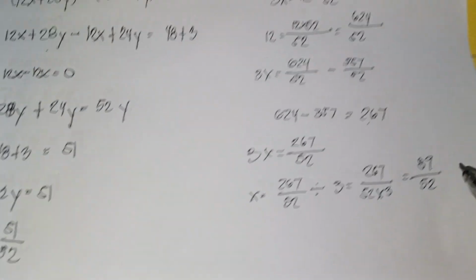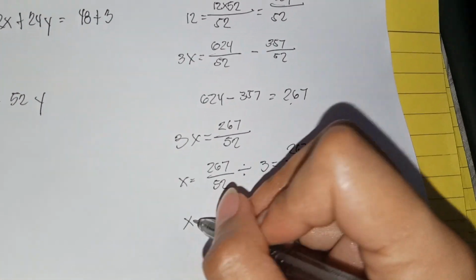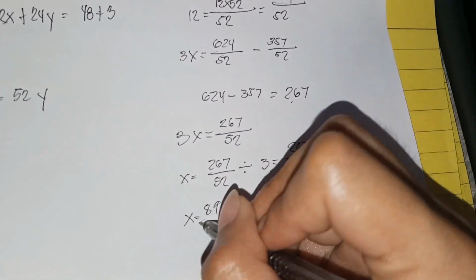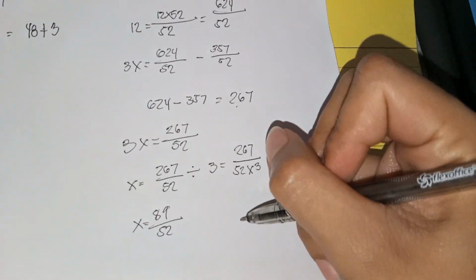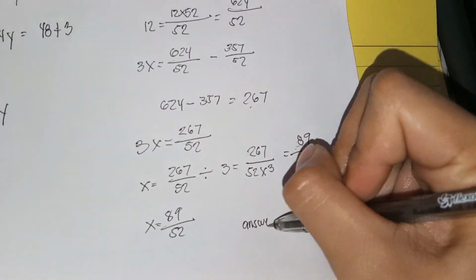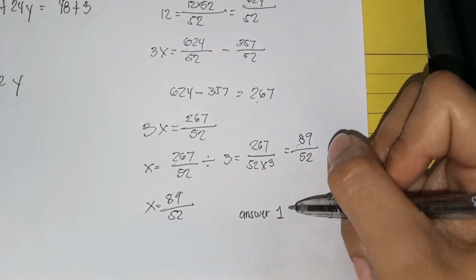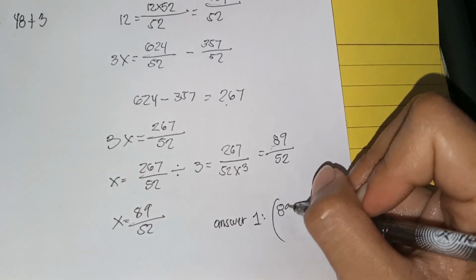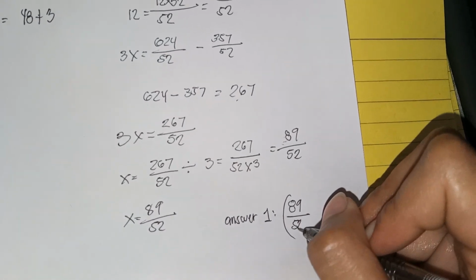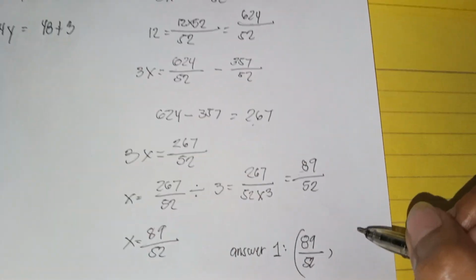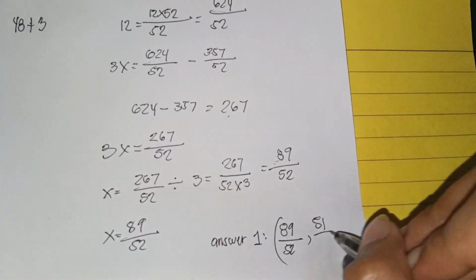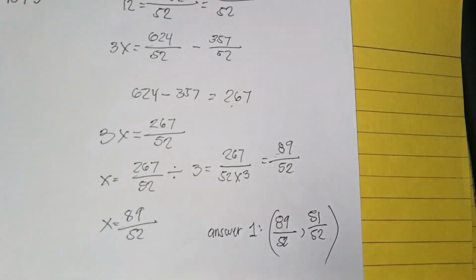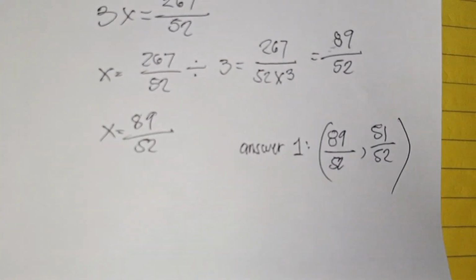So this is the value of our x, 89 over 52. So the answer for number 1, this is our final answer, 89 over 52 and 51 over 52. So that is the final answer for the item number 1.